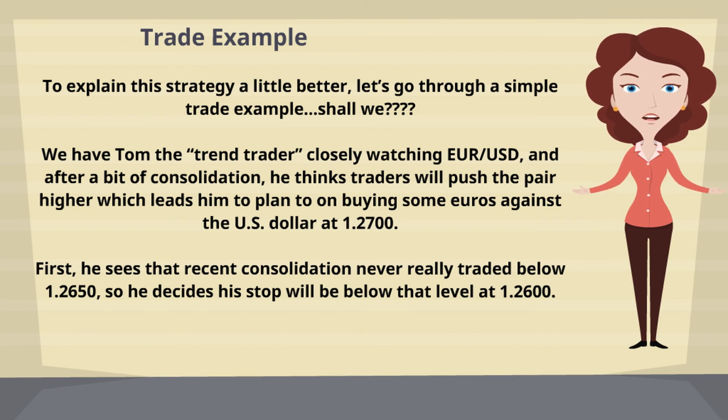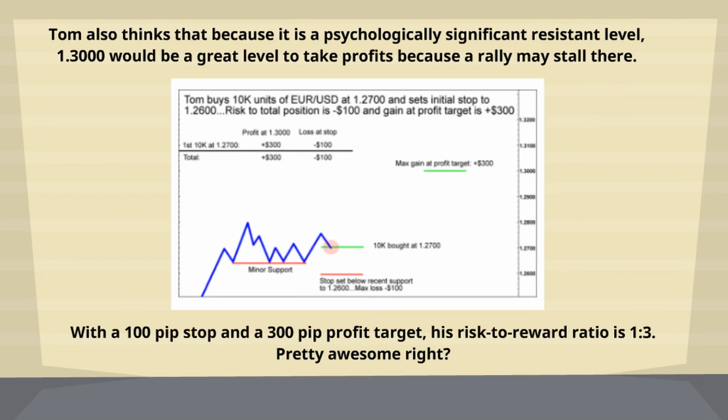First, he sees that recent consolidation never really traded below 1.2650, so he decides his stop will be below that level at 1.2600. Tom also thinks that because it is a psychologically significant resistance level, 1.3000 would be a great level to take profits because a rally may stall there. With a 100 pip stop and a 300 pip profit target, his risk-to-reward ratio is 1 to 3.